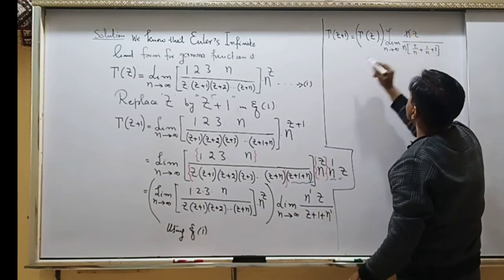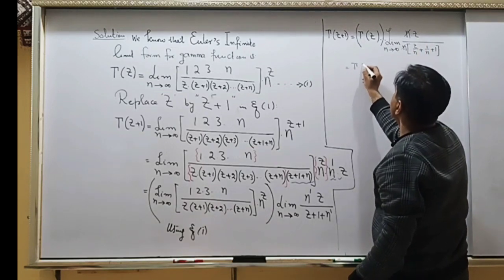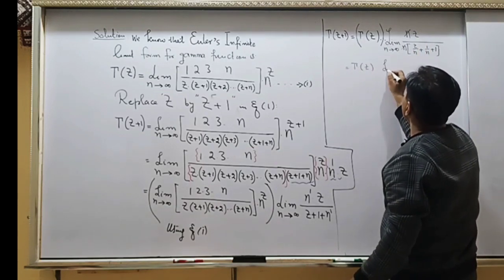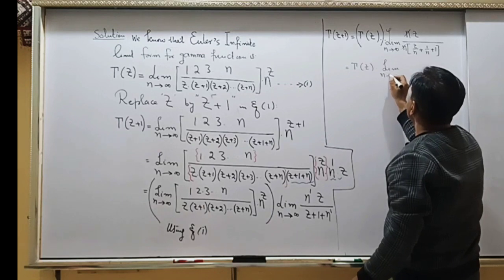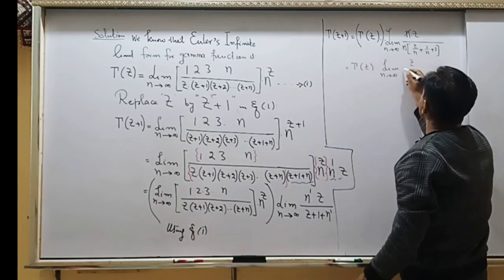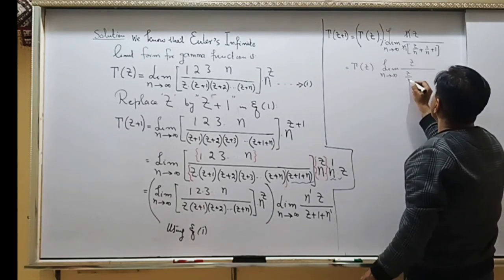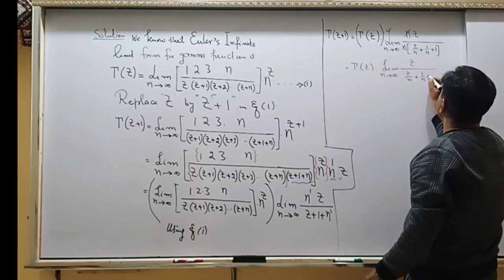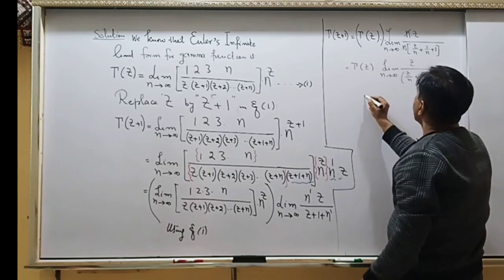This n will be cancelled, and you have gamma z into limit n approaches infinity, z over n plus 1 over n plus 1, and now apply the limit.